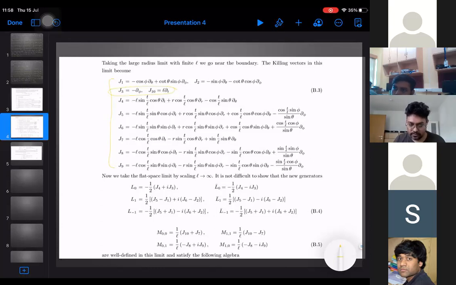Now, if you take the flat space limit, the new generators can be found by doing the contraction, by doing the linear combination. You can combine them in such a way, which is given in B4 and B5.